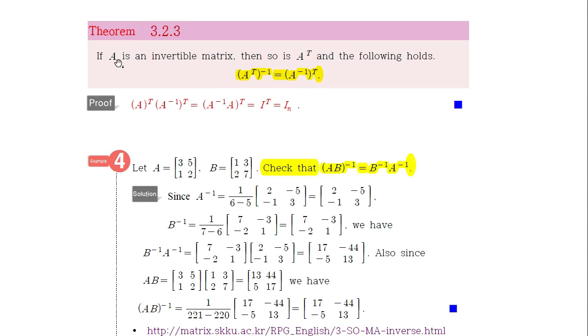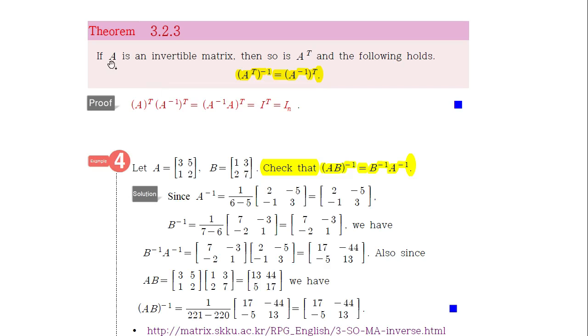If A is an invertible matrix, then the inverse of A transpose is this. The inverse of A transpose is the transpose of A inverse. How are you going to show it? Yeah, how can you show it?